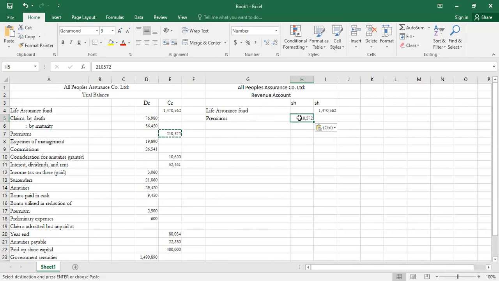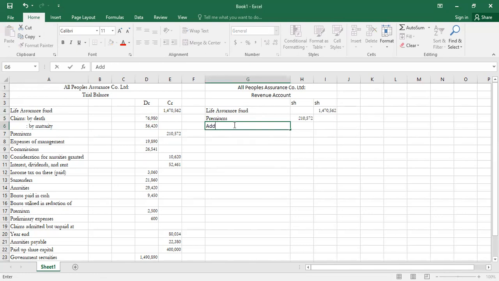So the first thing will be to add the premiums that are outstanding, and you've been given the premiums that are outstanding in our question as 7.4. So outstanding premiums, here 7.4.